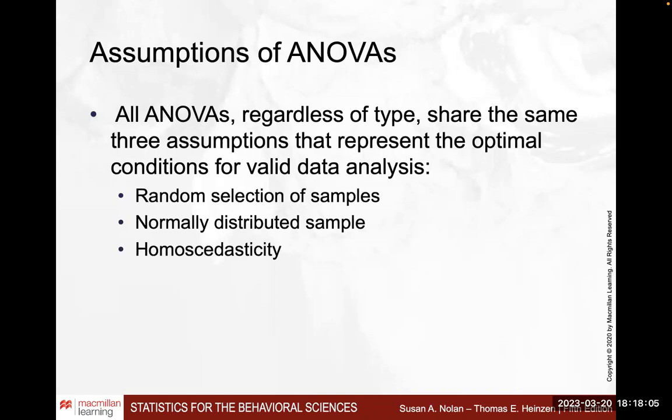Then you need to assume normally distributed samples, which with the small sample sizes that we're dealing with is something we cannot safely assume. But for the sake of this teaching example, we assume normally distributed samples, and we need to have something that is called homoscedasticity.